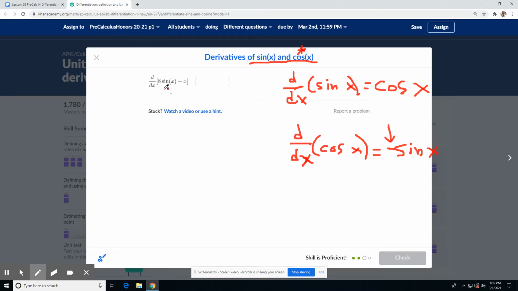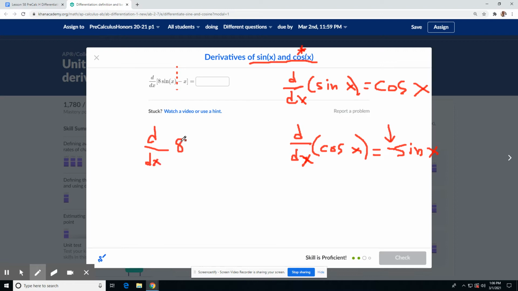All right, so when we look at this, we go ahead and think about it as separated at the term mark. So that minus sign separates them. So we're doing the derivative of 8 sine of x. I'll just go ahead and write it out.